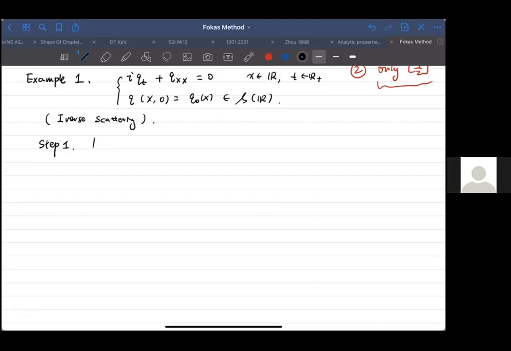So for this one we don't need a boundary condition, right? Yes, we don't, because we are taking the whole real line. If it's a half line, then we can pose a boundary condition. But actually we do have a boundary condition here, because we pose a decay behavior at infinity.